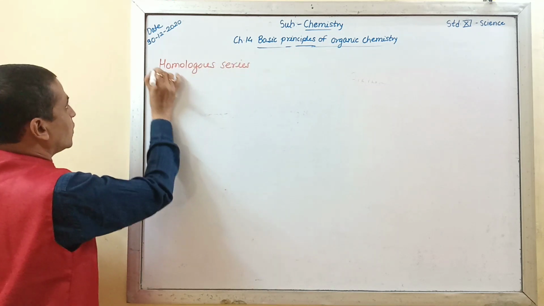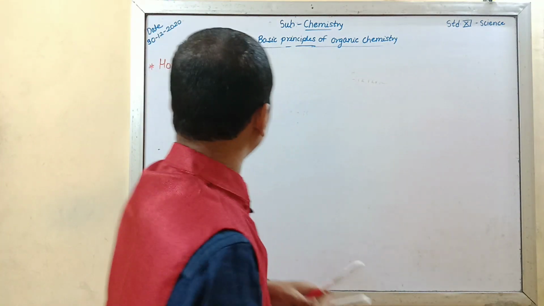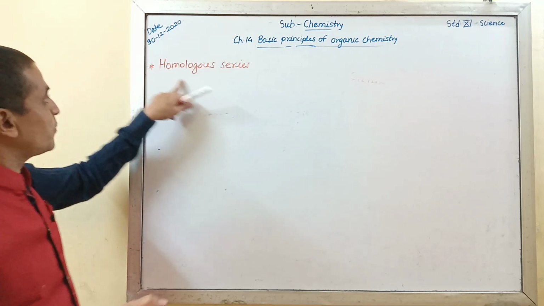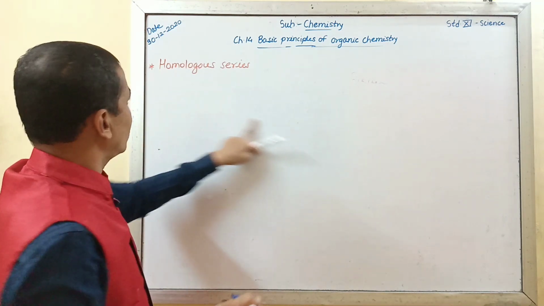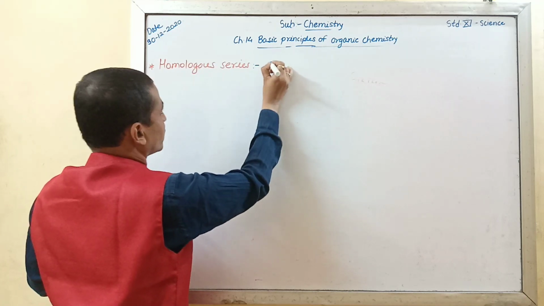Homologous series. You know, homo means what? Homo means same. So compounds of the same class are included under homologous series. First you see the definition.